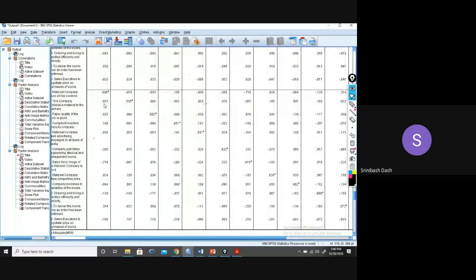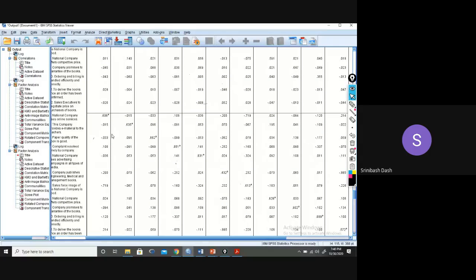So what will we do? Question number one is also not more than 0.5. Sir, you can see question 9, company promised warranty for the books, minus 0.5? No, no, this is 0.6, it is greater than.